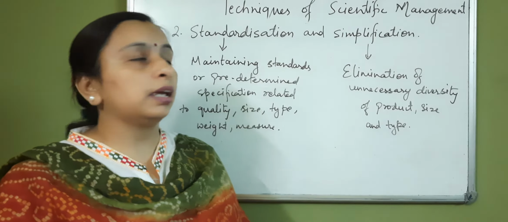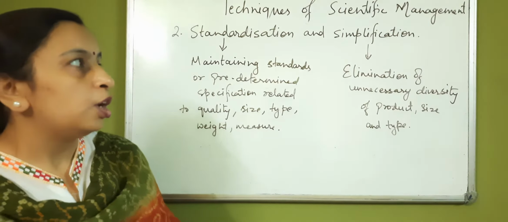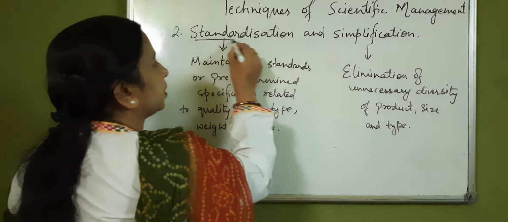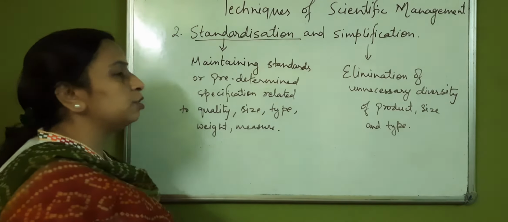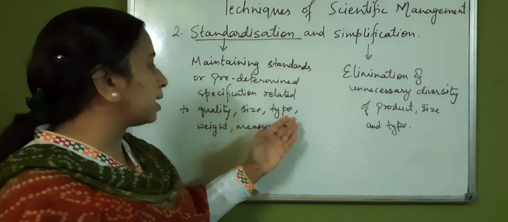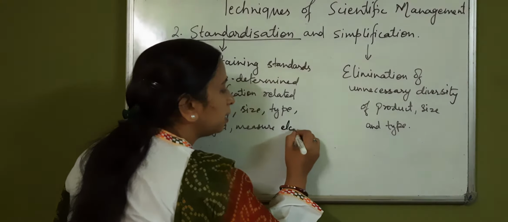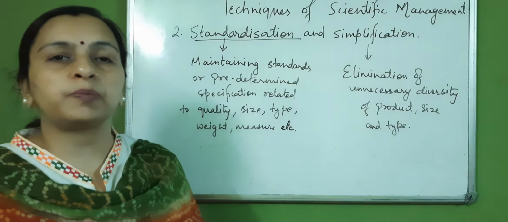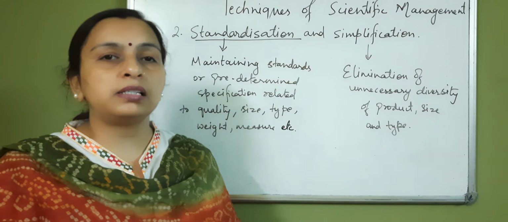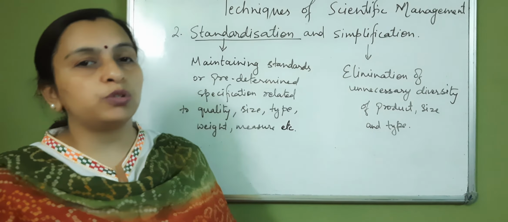The second technique is standardization and simplification. Standardization means maintaining standards or predetermined specifications related to quality, size, type, weight, measure, etc. There are always some predetermined specifications. Some standards are set and production should be done on the basis of those specifications.